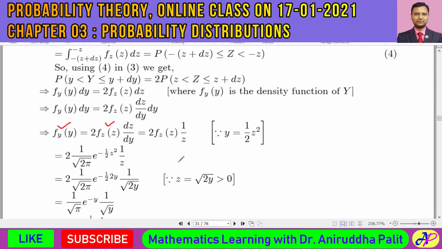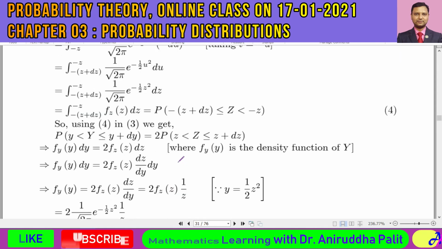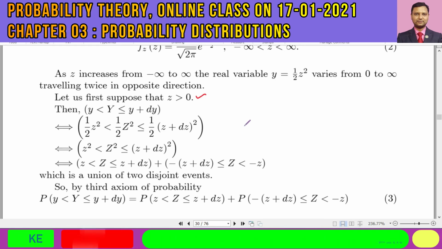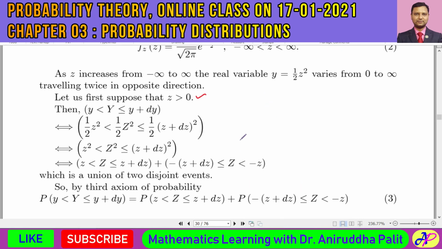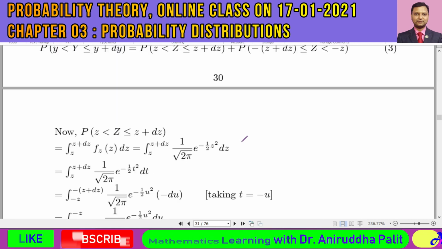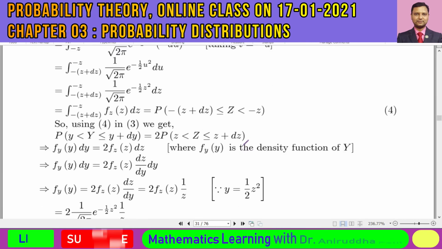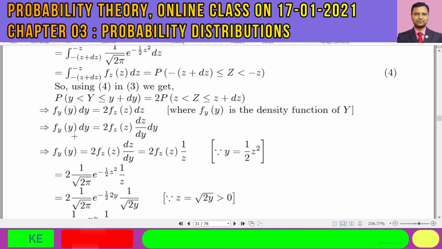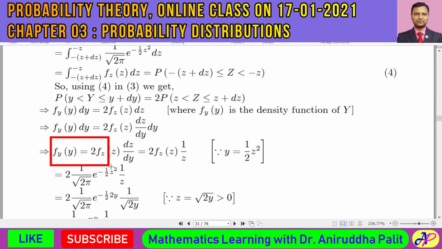We started with the fact that z is greater than 0, and if z is less than 0, then we can also prove this result in a similar fashion. So we got a similar transformation formula in terms of z.